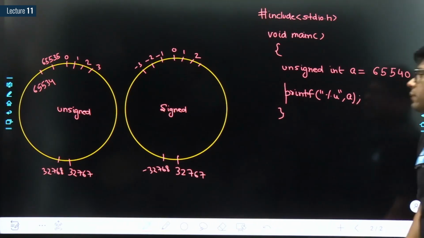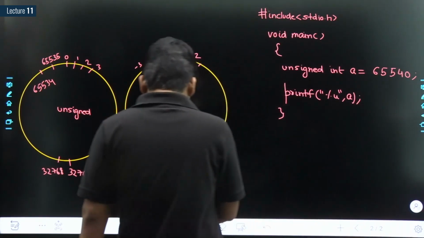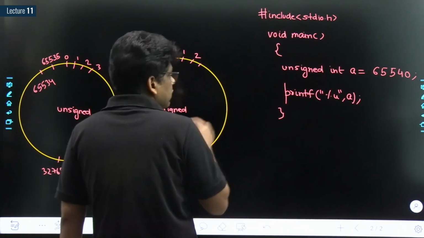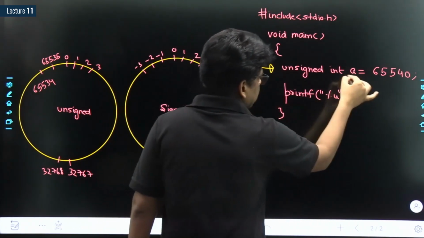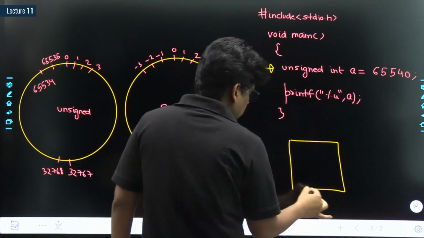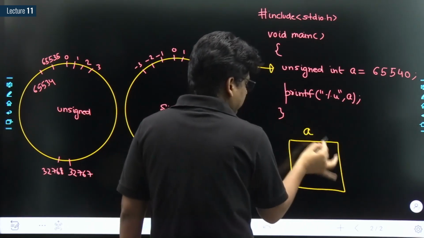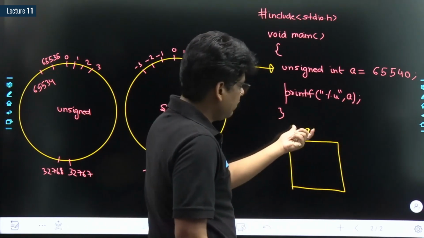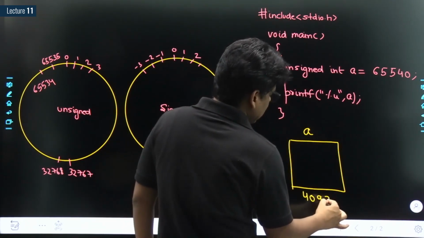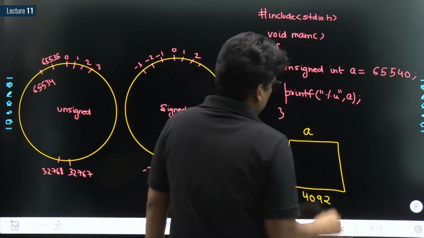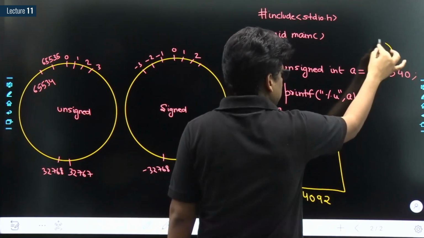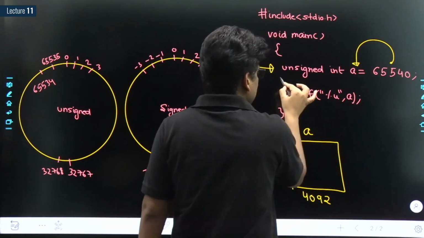The very first line: inside memory, one variable or named memory location is created with the name a and with some address 4092. Now, we are trying to store a value 65540 inside this. But what is the type of a?